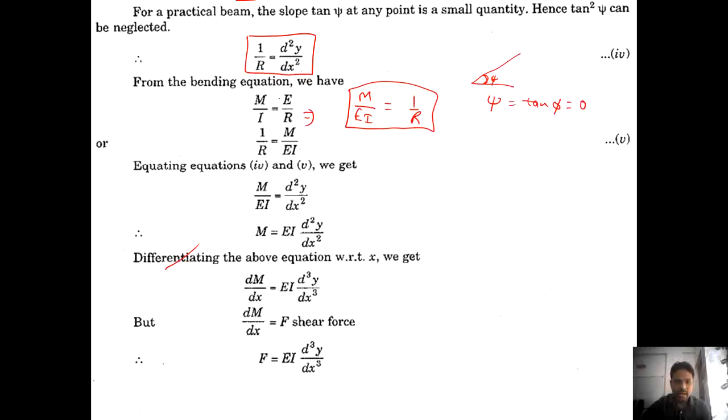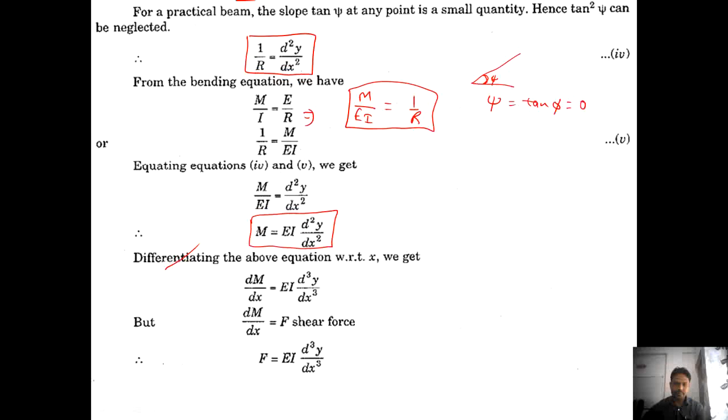Now 1 by r is d2y by dx square, so M by EI is equal to d2y by dx square, and hence bending moment M is equal to EI d2y by dx square. This is the equation for bending moment, M equals E into I d2y by dx square.